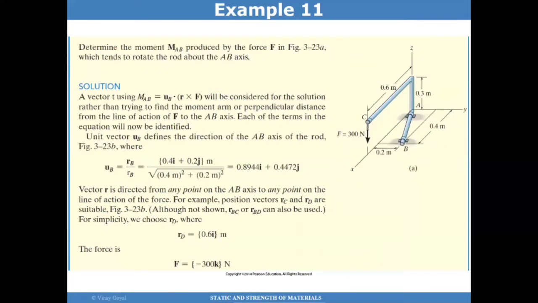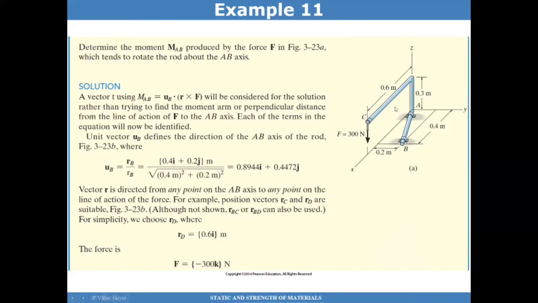In problem 11, we want to determine the moment MAB produced by the force F. So what is the moment about the AB axis produced by the force F? What is the strategy? The strategy is to determine the moment either about A or B, it doesn't matter.